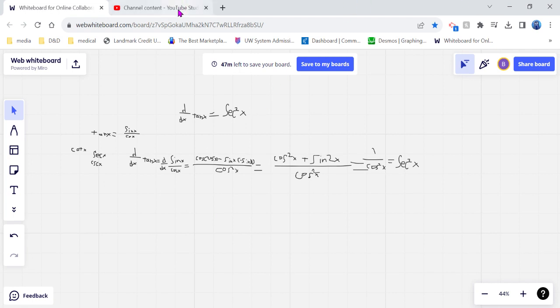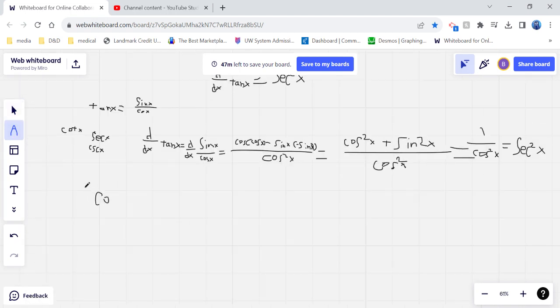So now next, it's a very similar process. We will be taking the derivative of cotangent of x, or the inverse of tangent. So taking the derivative of cotangent of x.